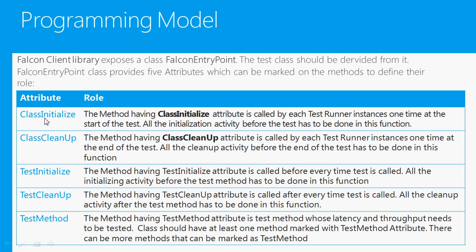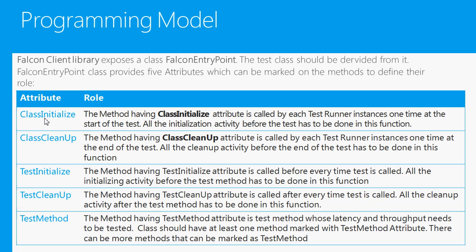If you declare a test method as class initialize, the method will be run by each test runner one time at the start of the test. This is for all initialization activities which need to be done before the test starts, but it's only a single time activity.